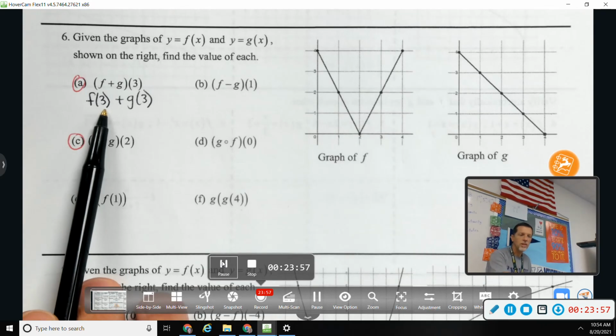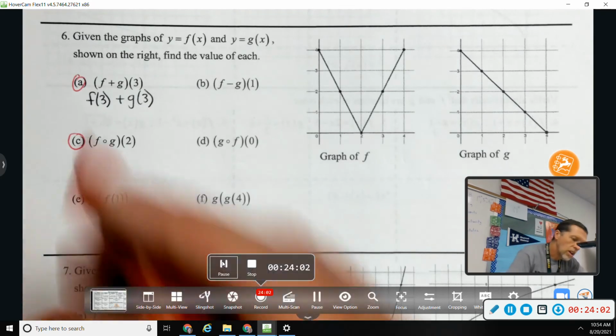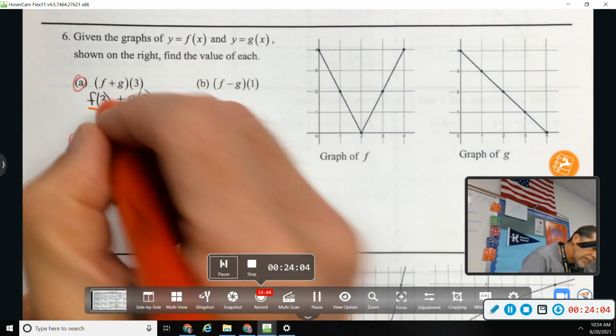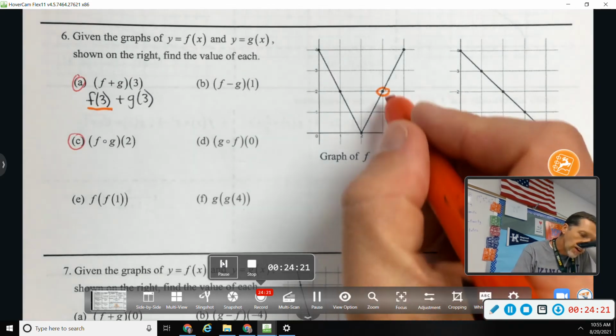So I don't have an equation, but I do have a picture. So I look at the graph of f, I find where x is 3, and what is the y value of f when x is 3? 2. So these aren't hard, there's no computations, it's just a matter of knowing where to look. So f of 3 is equal to 2.